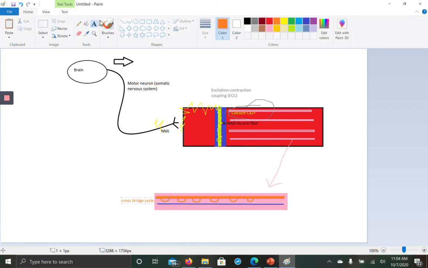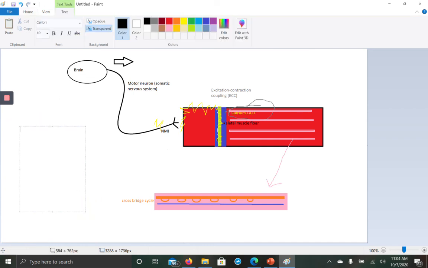So the 3 steps for skeletal muscle contraction. Step 1, the neuromuscular junction, abbreviated NMJ.